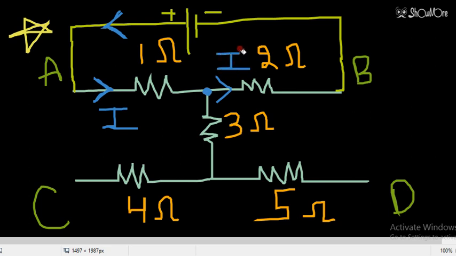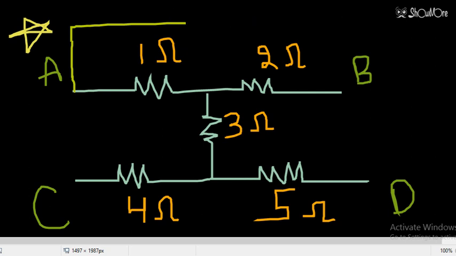So that means the resistance between point A and B will be 3 ohm. You can note down up to this point.